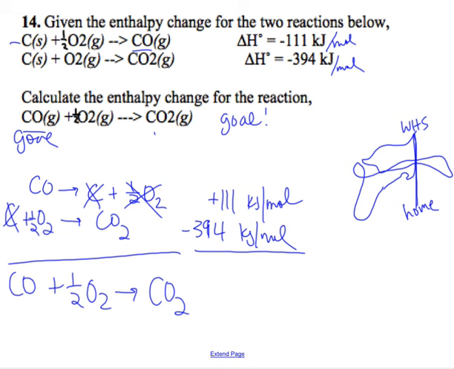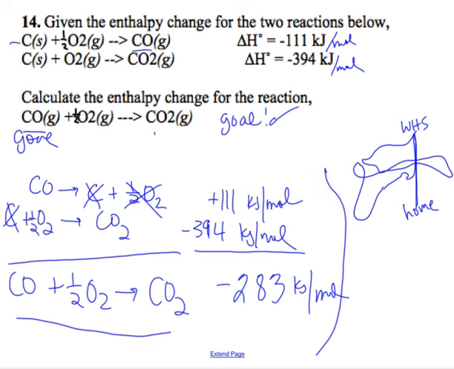We get negative 283 kilojoules per mole. So once we see that our goal is matched, we can do whatever we need to do to get the answer. Like if we added it, we add the 2 values or 3 values, however many they are. Easy?